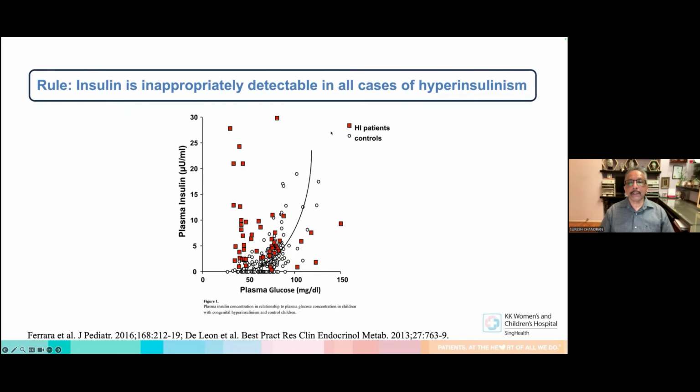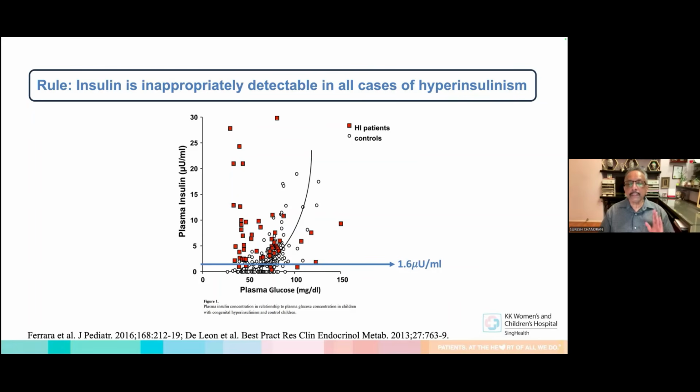All these red squares are HI patients and the controls are shown as circles. And we can see that even at glucose levels below this, the insulin remains low. So how do you diagnose hyperinsulinism if the insulin remains low, but actually the patient has hyperinsulinism because ketones and glucose are low?